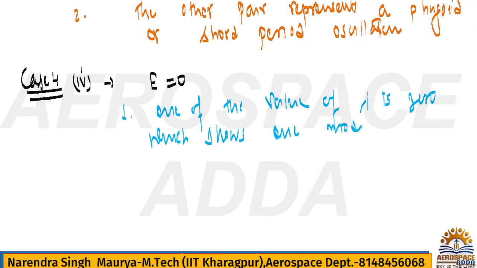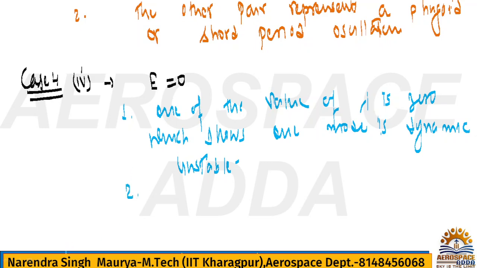Which shows one mode is dynamically unstable. This is point 1.